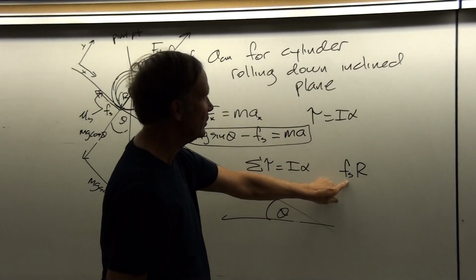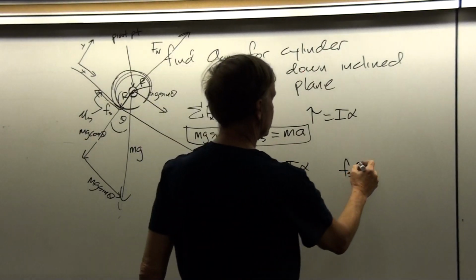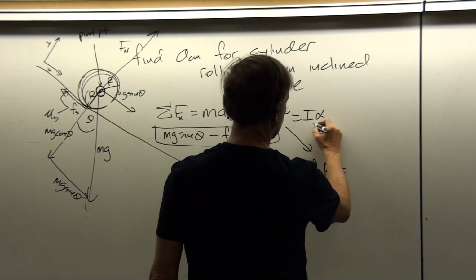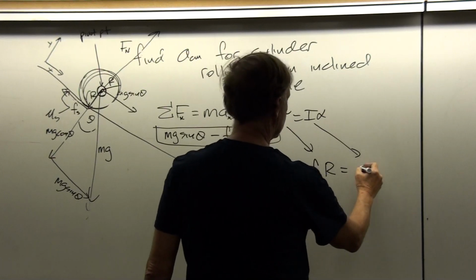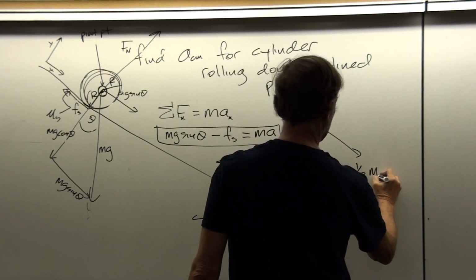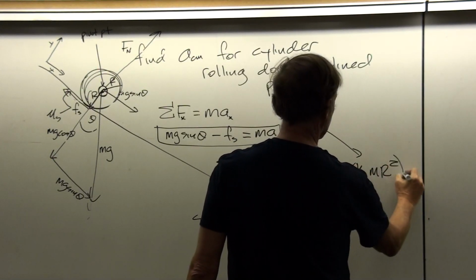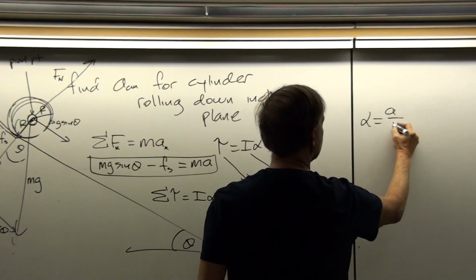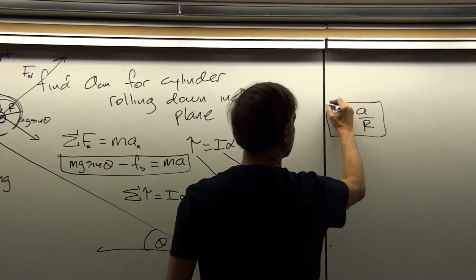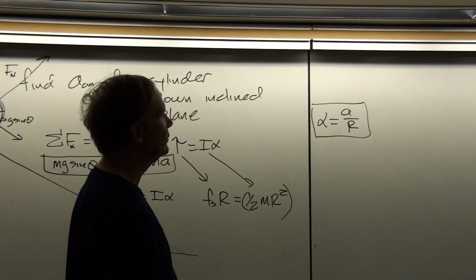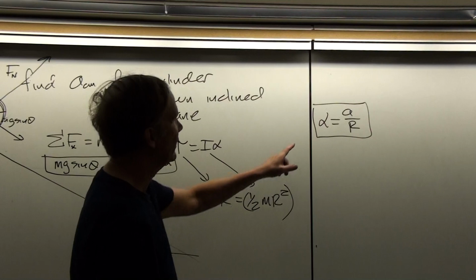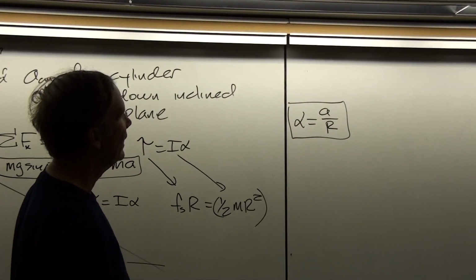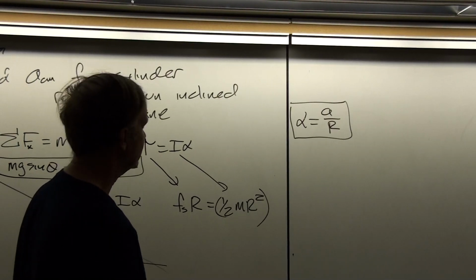This gives us a condition on the force of static friction. So this is the torque, F static times R, equals the moment of inertia. So that's going to be 1/2 mr squared times alpha. But alpha we can write in terms of the acceleration of the center of mass as being equal to A over R. So we already saw that there was that correspondence between the tangential acceleration and the angular acceleration.